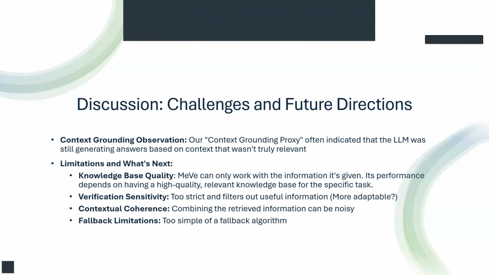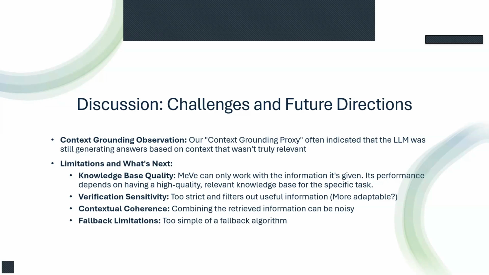But if you made the strictness adaptable, so it understands when to be strict and when to not be strict, it could potentially make only the noise go away instead of actually removing anything useful. And this could be a useful approach in how to move forward, but this is not tested yet.